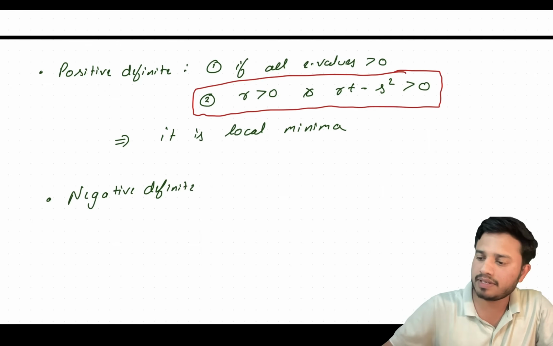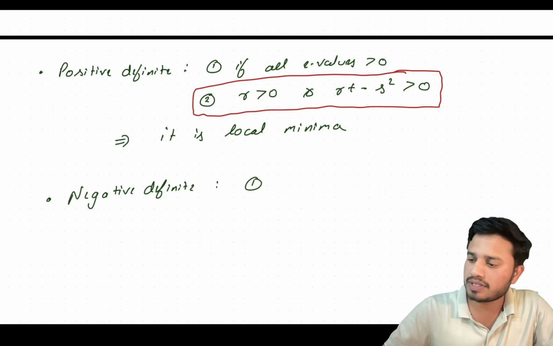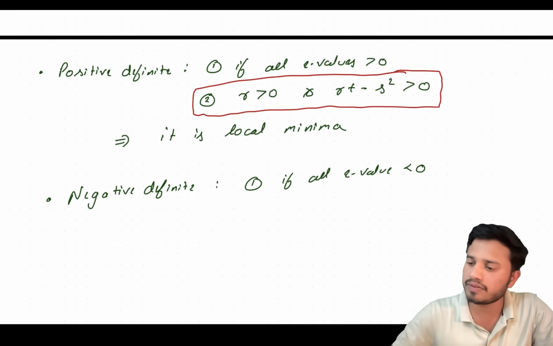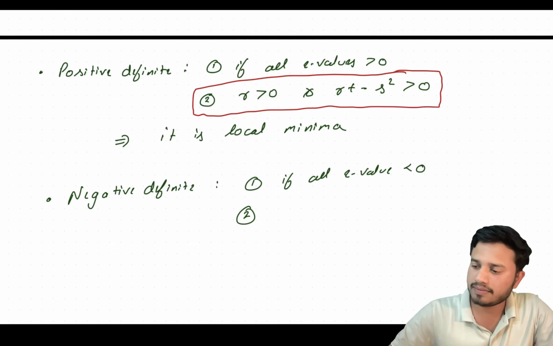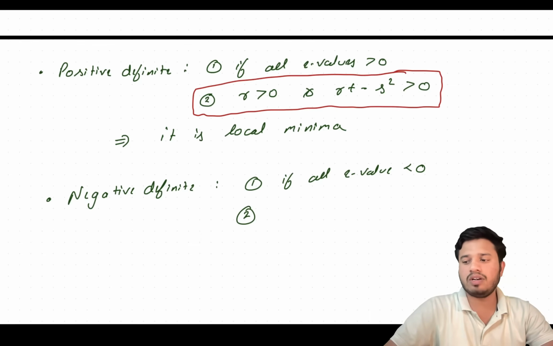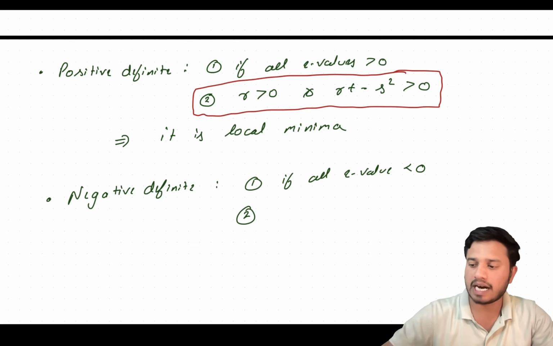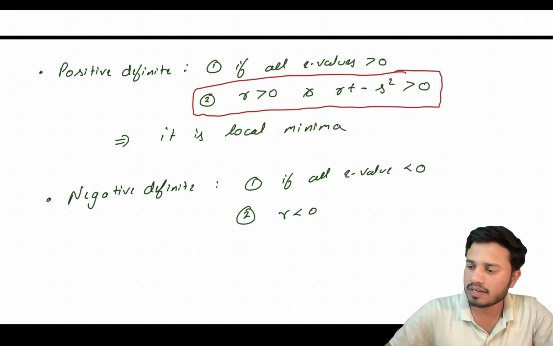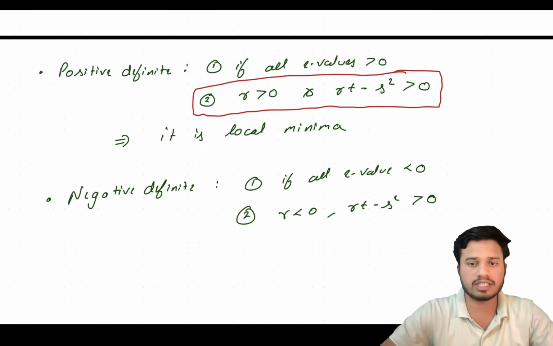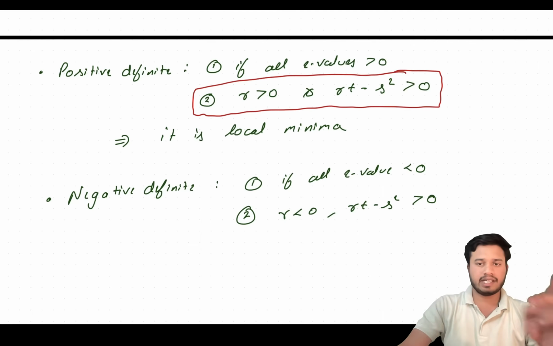Now if it is negative definite, the first condition is that all eigenvalues are negative. The second condition, see carefully: for the negative definite matrix, always start with a negative sign, so r must be negative, and then rt minus s squared positive. There is a pattern: negative, then positive.